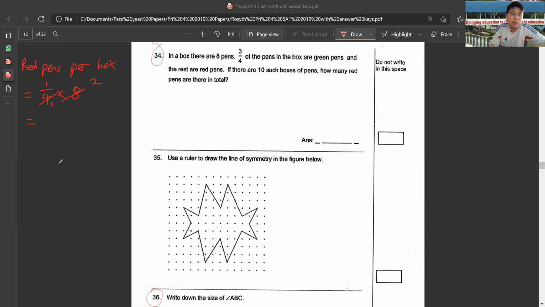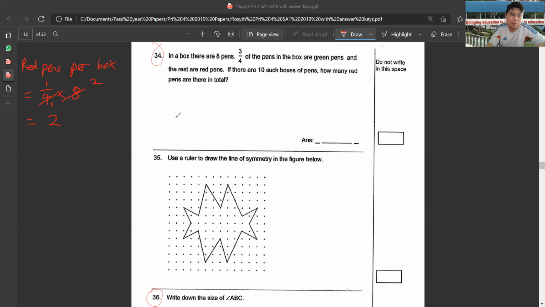So how many red pens are there per box? What is 1 times 2? 1 times 2 equals 2. So 2 red pens per box. How many red pens are there in total, not per box?